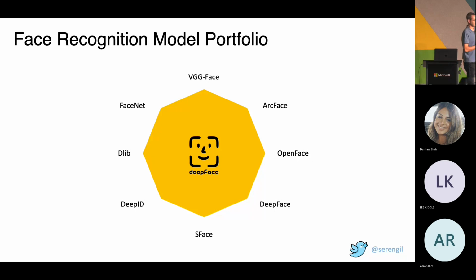OpenFace is developed by another university, Carnegie Mellon University. DeepFace is built by Facebook. DeepID is a Chinese model. As I remember, that's built by Hong Kong University. Dlib, the image processing library, has its own facial recognition model, interestingly. And finally, SFace.